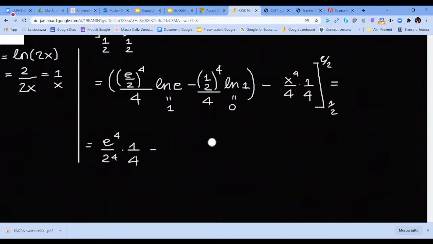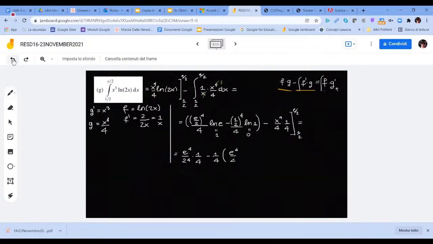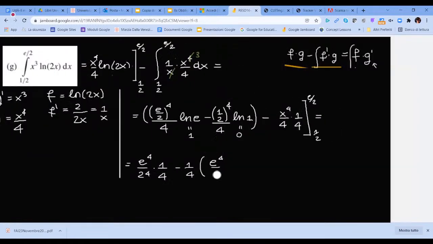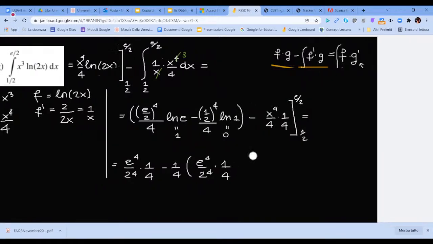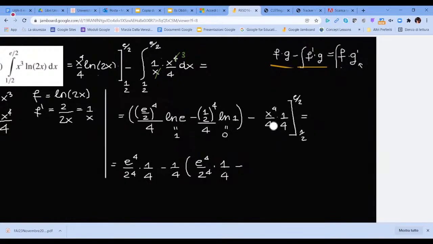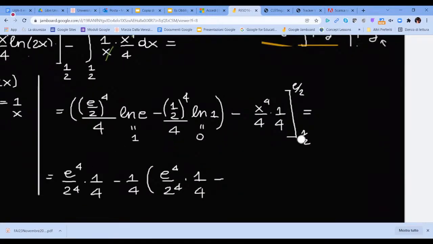Minus 1/4, we can put 1/4 outside, and compute again e fourth divided by 4, 2/4, sorry. Divided by 4, this is times 1/4, minus everything computed when x is equal 1/2.